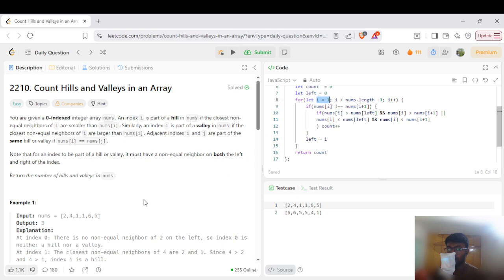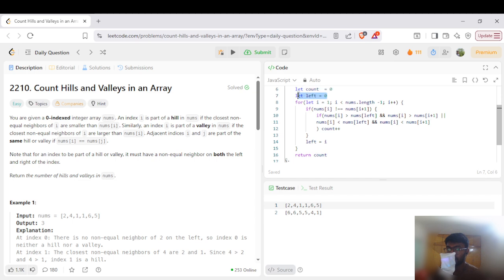We already know that the first index and also the last index won't be taken into consideration, as they won't have neighbors on the left at the start, and the end of the array wouldn't have a right neighbor, right? So if you see, we have to initialize this left variable.